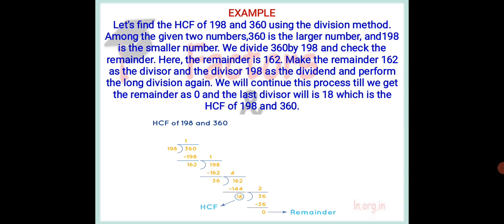And remember that the last level divisor, that is 18, is said to be the HCF of 198 and 360. I think, children, through this example your conception about HCF and how to calculate it is clear.